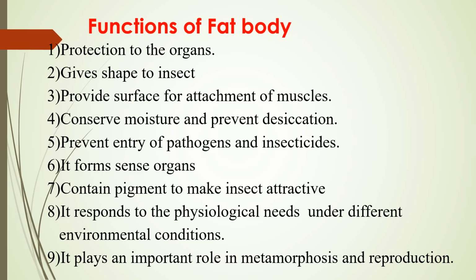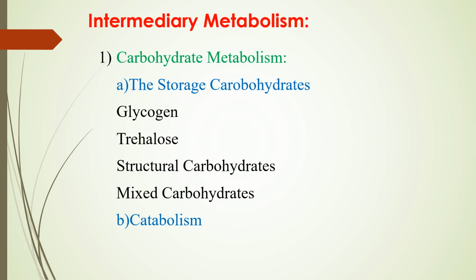It also contains pigment to make the insect attractive, concerned with melanin pigment. Then it responds to physiological needs under different environmental conditions, that is, intermediary metabolism. It plays an important role in metamorphosis and reproduction.